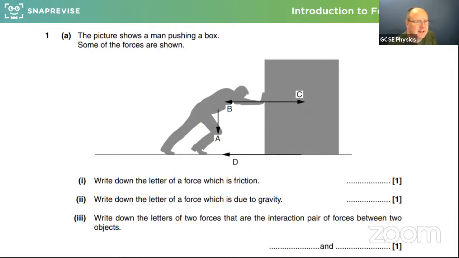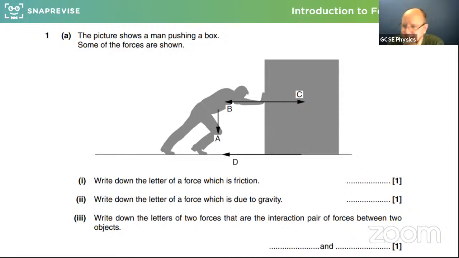So this picture shows a man pushing a box, and we've got some of the forces shown. We've got C, B, and A, and D there. Which of those letters is friction? Which of those forces, A, B, C, or D, is going to be friction?